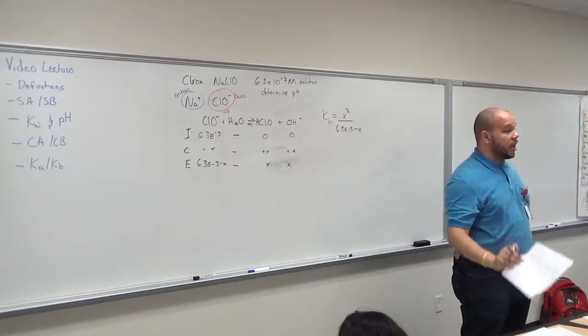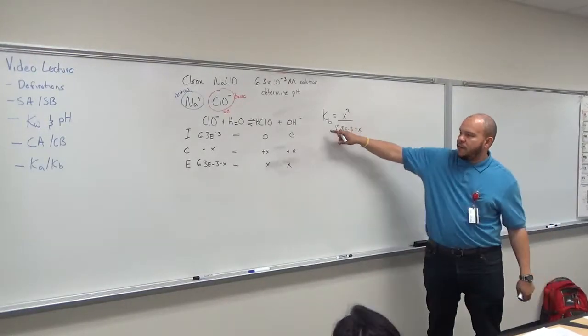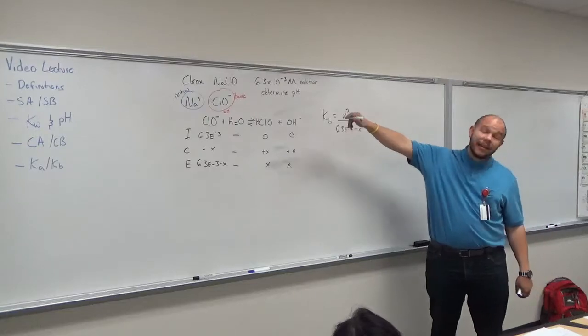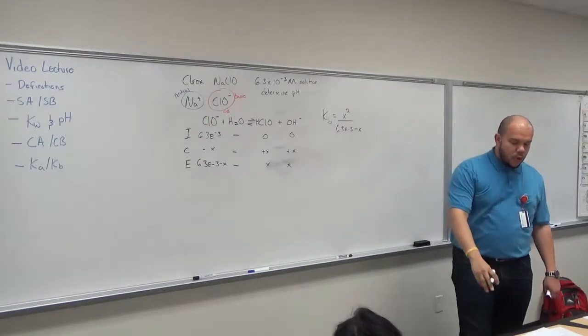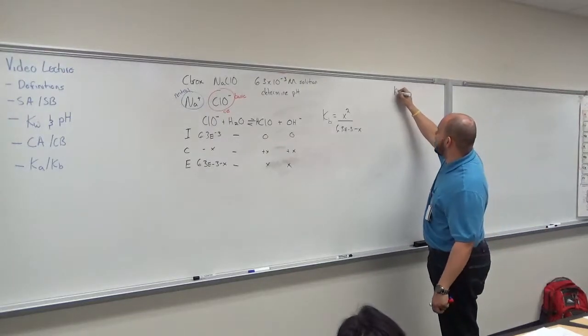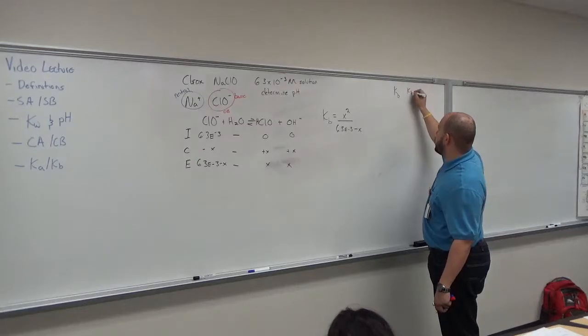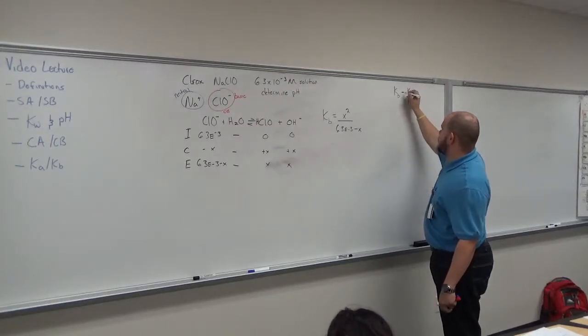But if you go to the table, if you plug in this Ka number, it's going to be wrong. A lot of people are going to plug in Ka right here. We do not have the Kb for hypochlorite. We do have the Ka for hypochlorous acid, so therefore to get the Kb, we have to divide Kw by Ka.